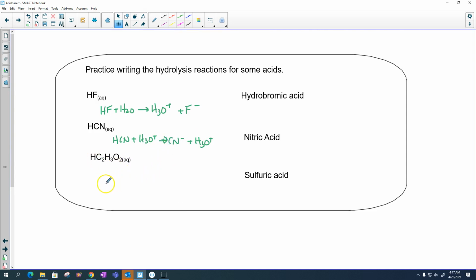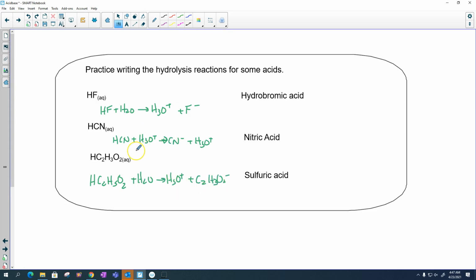Okay, acetic acid is HC2H3O2. Let's erase that for a quick second. I'm going to put a plus there. Plus H2O yields H3O plus C2H3O2 negative.